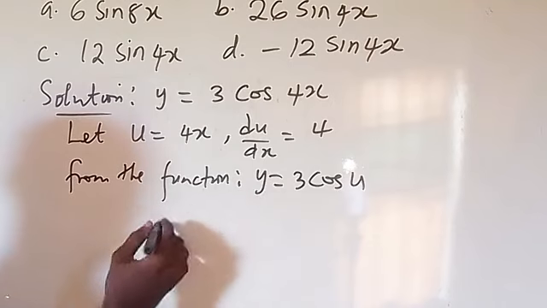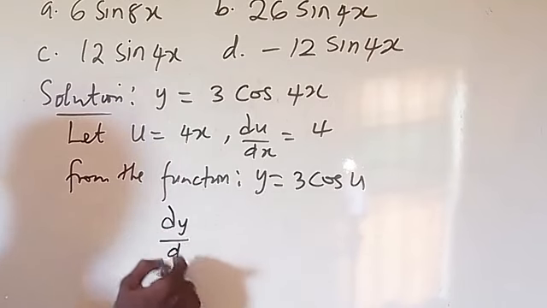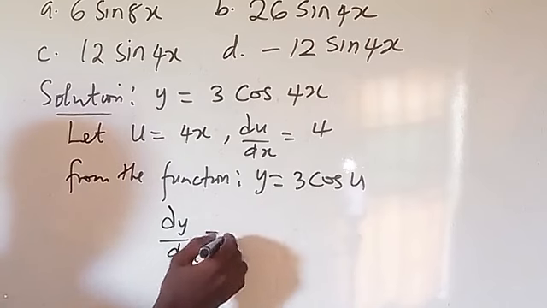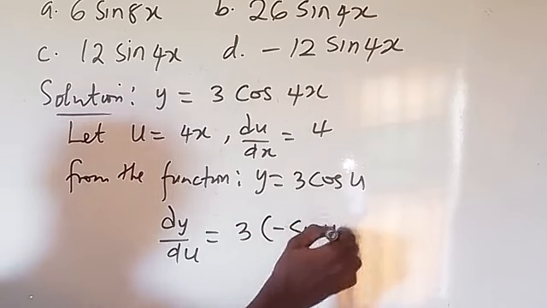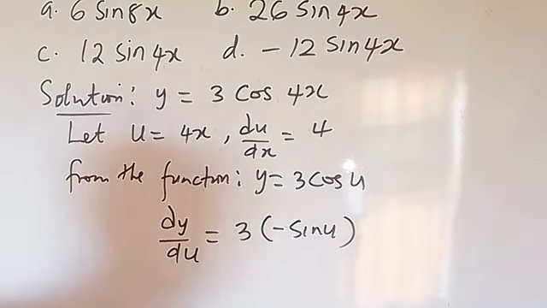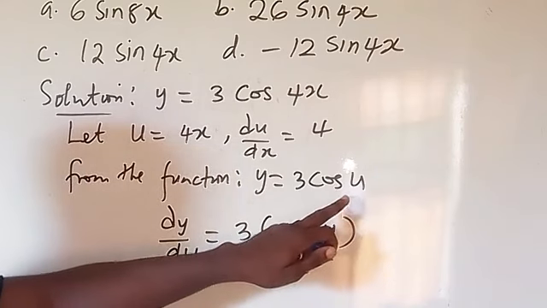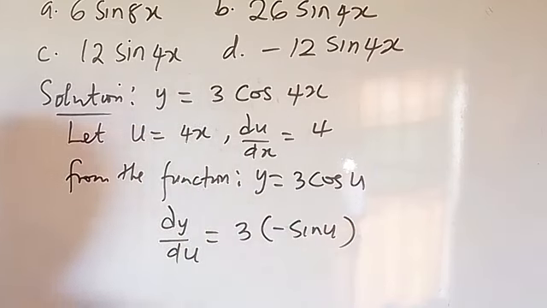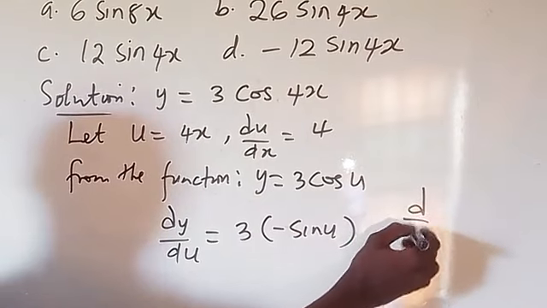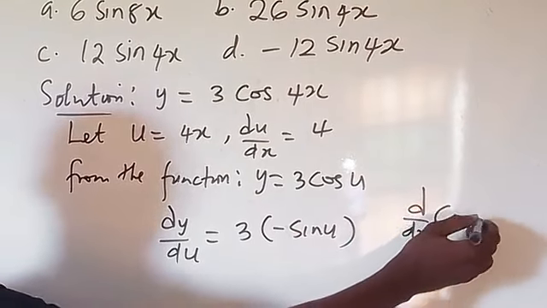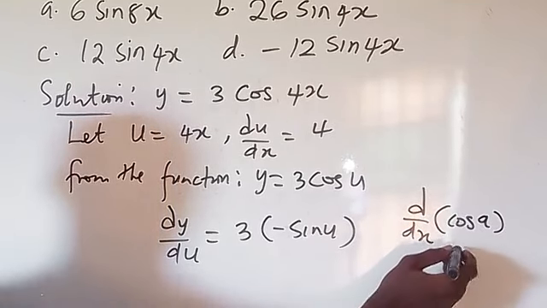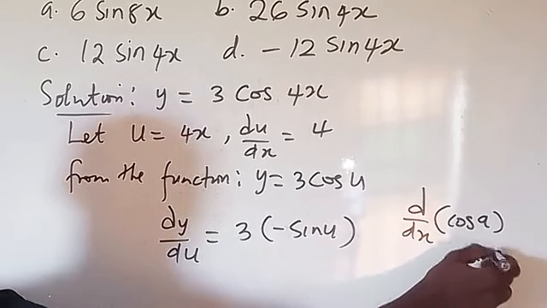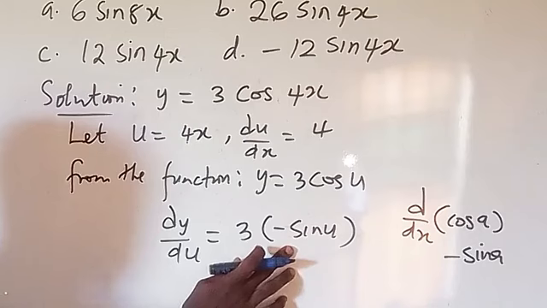So you differentiate y with respect to u, and that's going to be 3 times minus sine u, because the derivative of cos a is minus sine a. Do you understand? So that's what we did here.